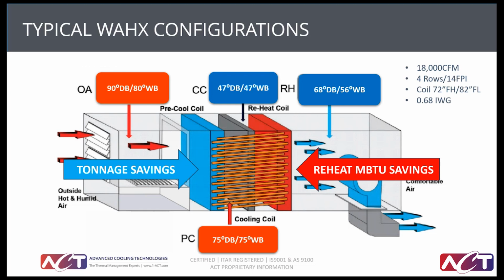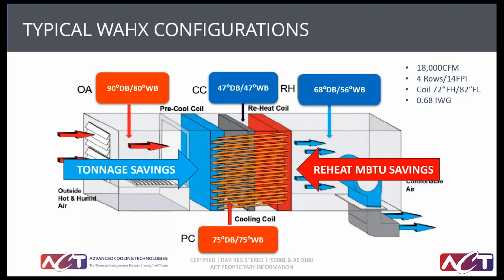And so now we know the cooling coil temp is 47 and that the discharge temperature or supply air temperature to the building needs to be 68 degrees. So with this configuration on an 18,000 CFM unit, that's 4 rows with a coil that's 72 by 82 fin height, it will give you 68 degree delivered air, nice dry delivered air.